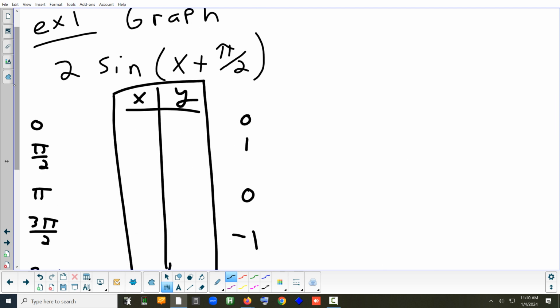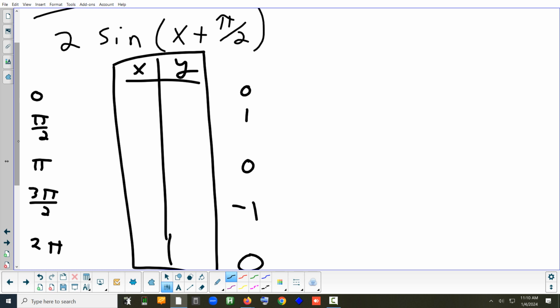So now, let's start with the phase shift. What am I going to do to all those x values? Subtract pi over 2. Right, we have to do the opposite. So we're going to minus pi over 2 from all of them. Hopefully we've been working with them enough that we can figure them out pretty quick.